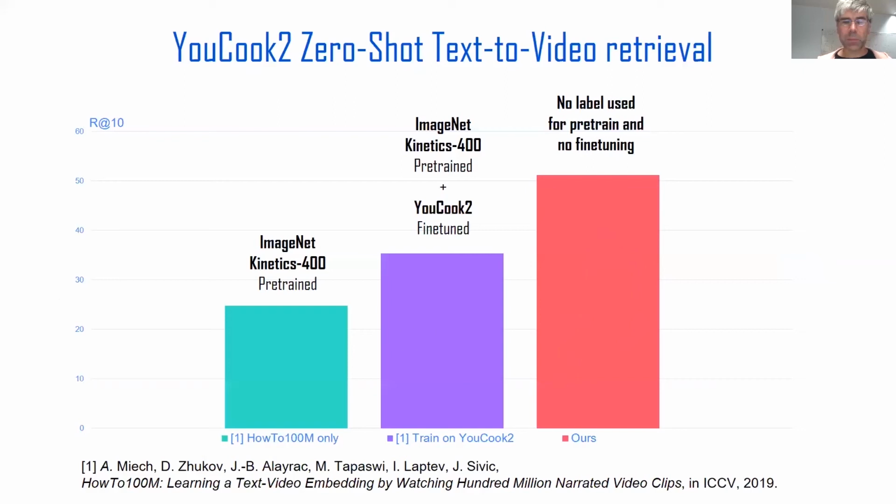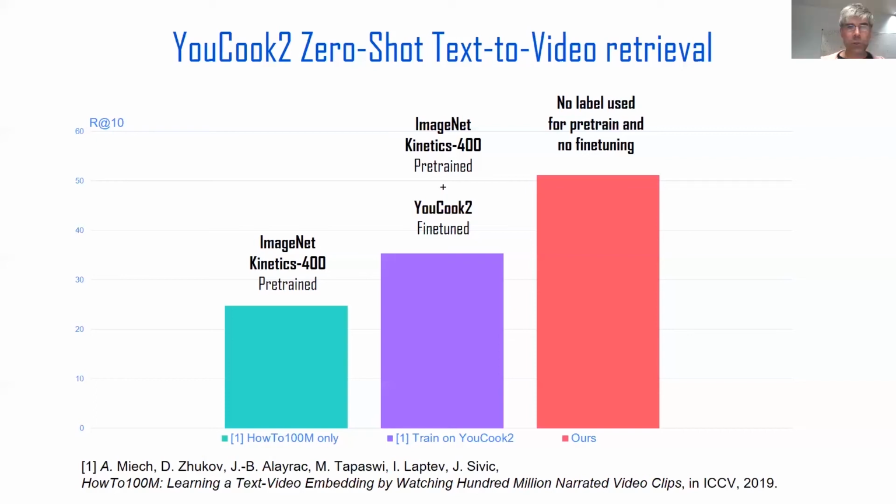Now the evaluation in terms of absolute numbers. I'm training on the full HowTo100M dataset. Here are results for zero-shot video retrieval.